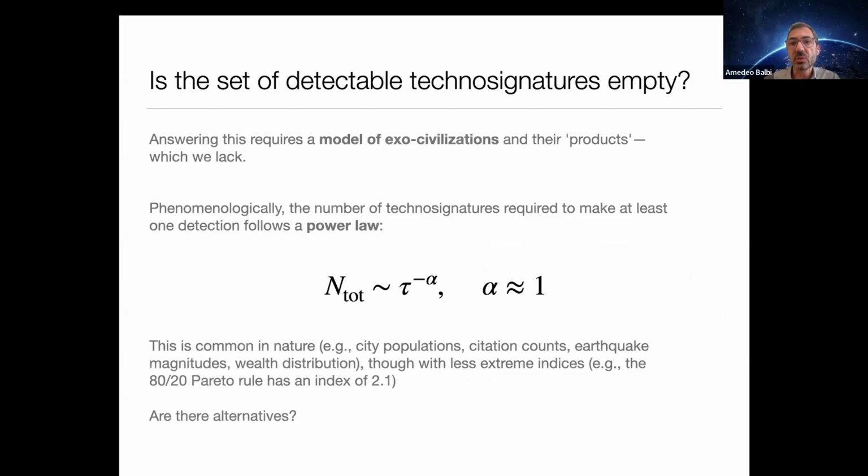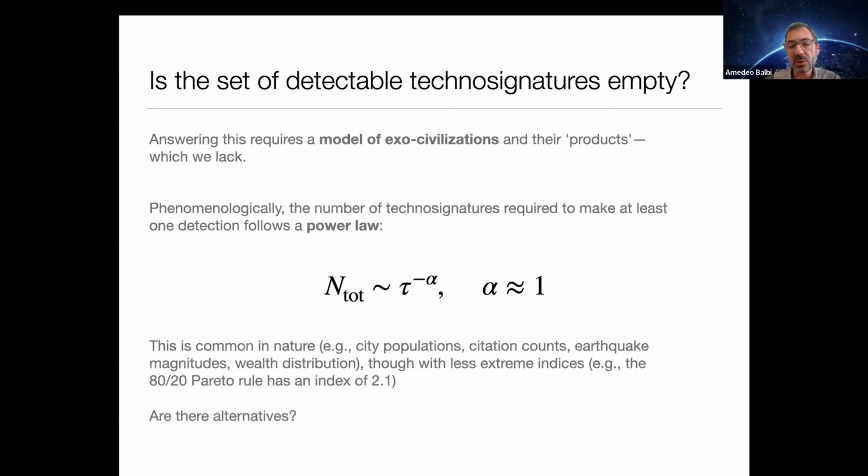The only thing we can do is to try and do some phenomenological exercise, as I said. So you take, for example, those numbers that I showed before, and you see what kind of behavior or mathematical relation has to be fulfilled in order to have a certain number of technosignatures that can be detectable today.